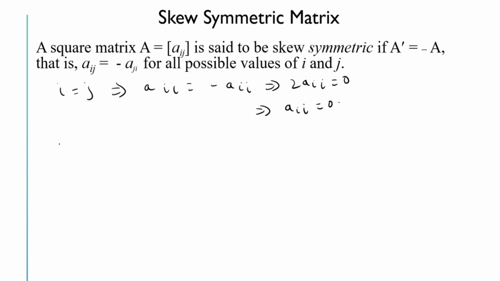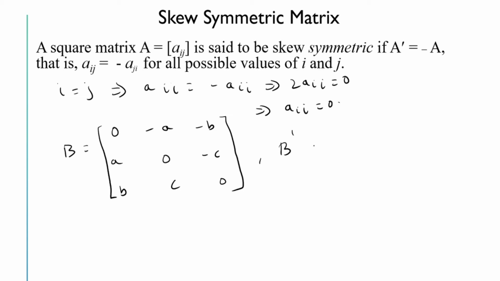if we take B equal to the matrix 0, minus A, minus B, A, 0, minus C, B, C, 0, and we are finding the transpose of B. So B transpose will be 0, minus A, minus B. That is, this first row becomes the first column.